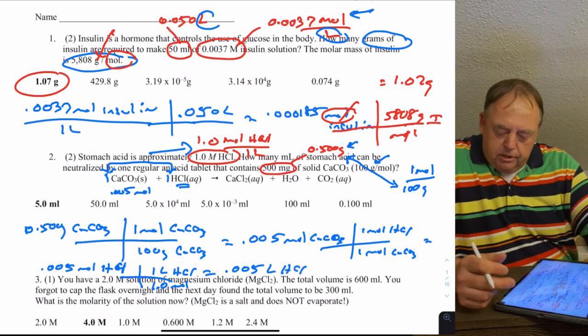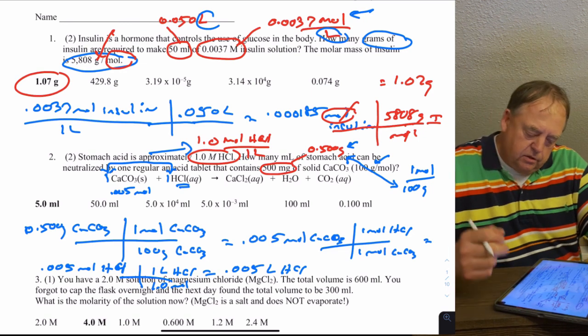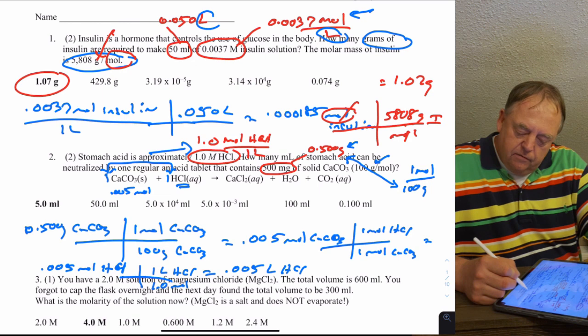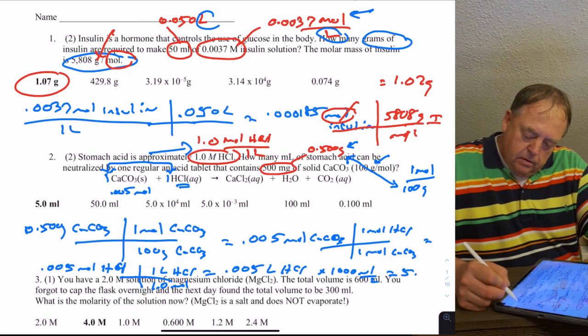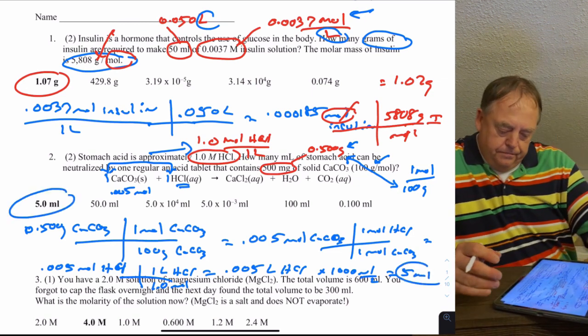That would neutralize 0.005 liters of this stomach solution. But the question asks for milliliters, so you need to convert that, times 1,000 milliliters per liter. So that would be 5 mils. That's the answer.